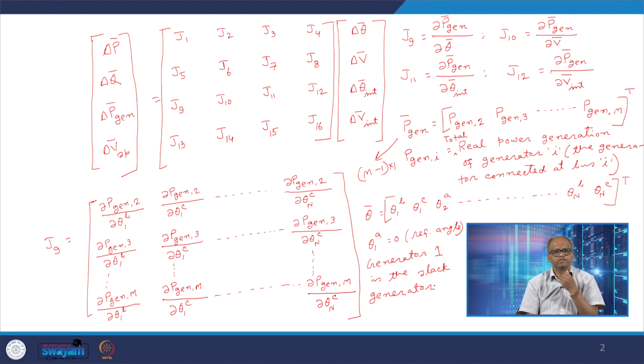Generator 1 is the slack generator. So now, to derive these elements, we have to write down the expression of P gen I.